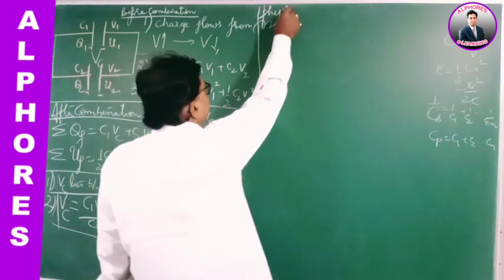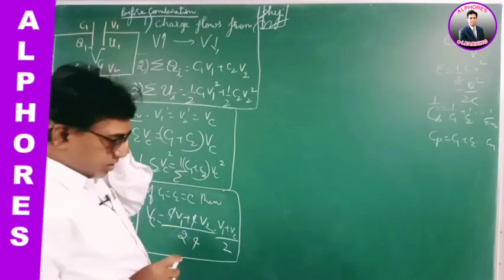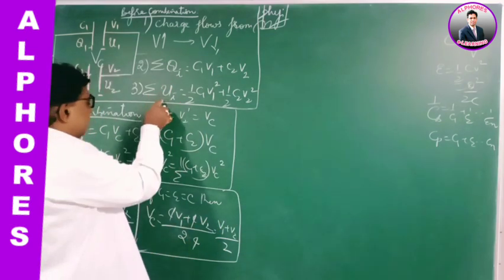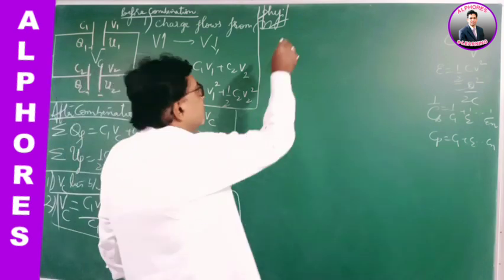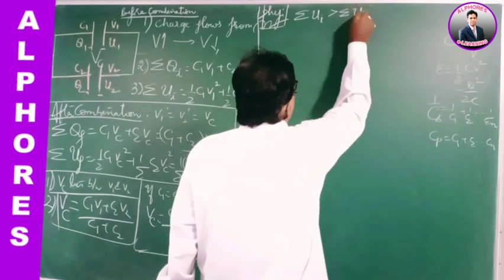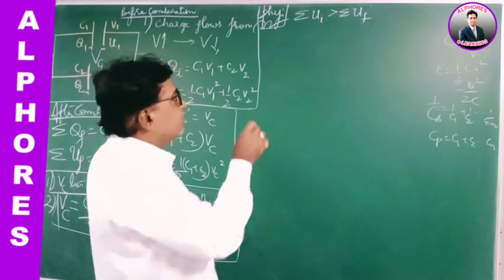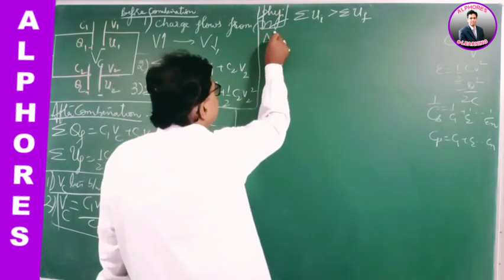Next, similarly, when we talk about the energy part, the total initial energy will be more than the total final energy. So sigma U initial is greater than sigma U final. Some of the energy is lost in the form of heat. So therefore, there is energy loss.